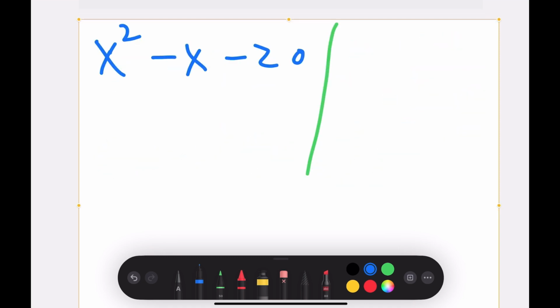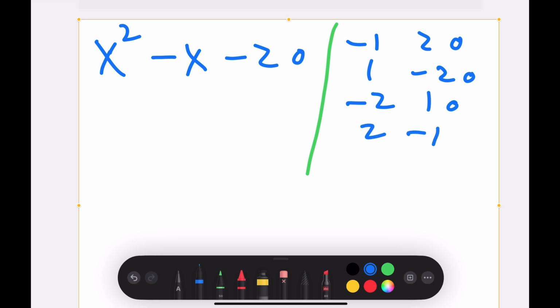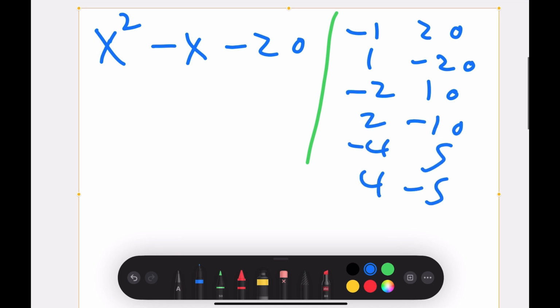So again, let's write down the products of the integer, in this case -20. So we have -1 and 20, 1 and -20, -2 and 10, 2 and -10, -4 and 5, 4 and -5. And remember that -x is the same as -1x, so we want the products to add up to make -1.